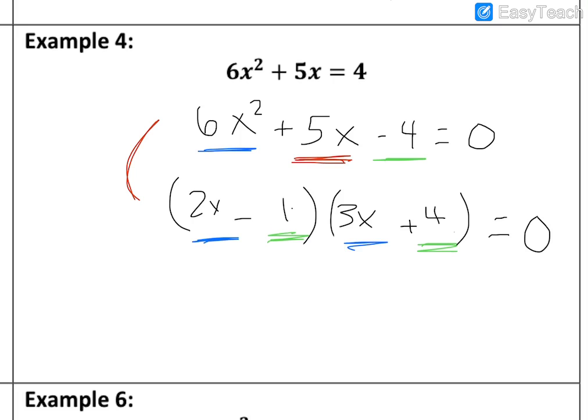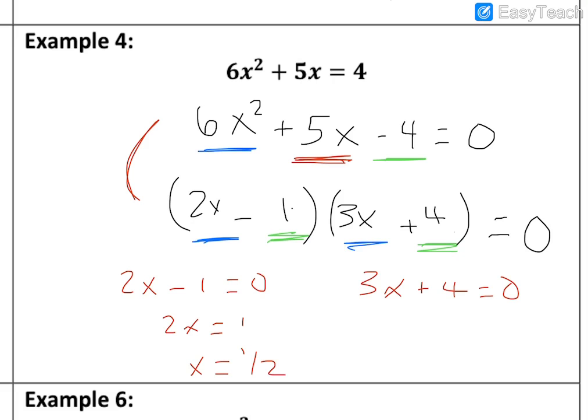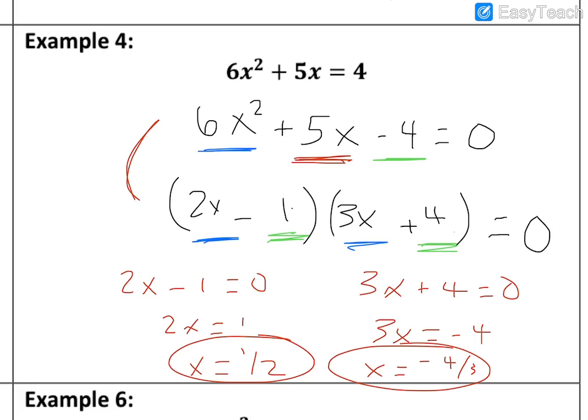Once you have it there, you can set 2x minus 1 equal to 0 and 3x plus 4 equal to 0. 2x equals 1, x equals 1/2. That's one option, or 3x equals negative 4, x equals negative 4/3. So those are your two options there.